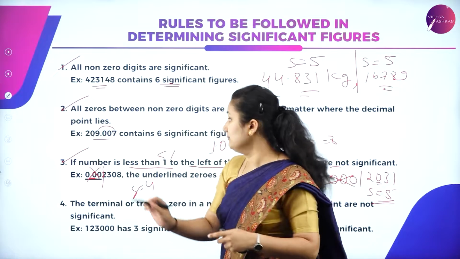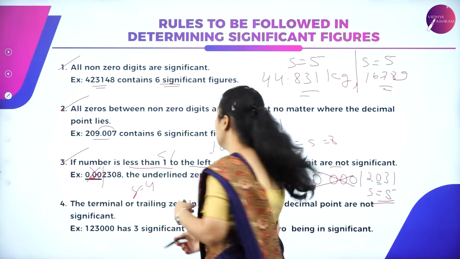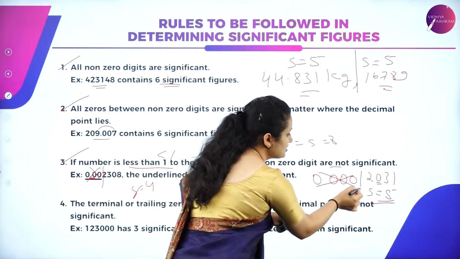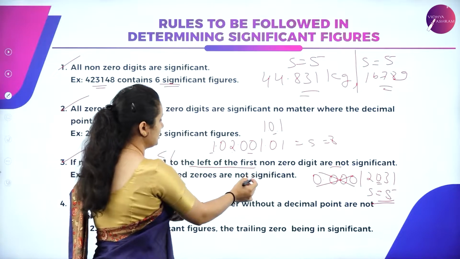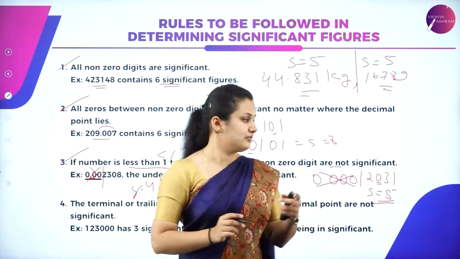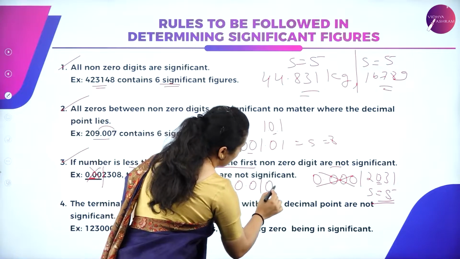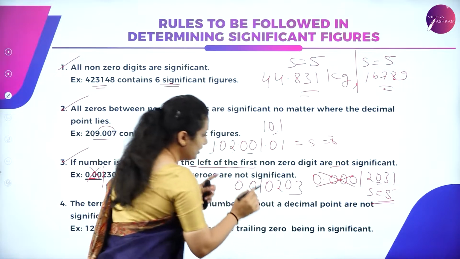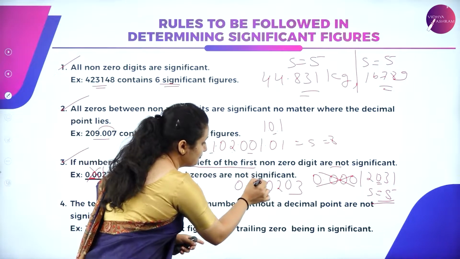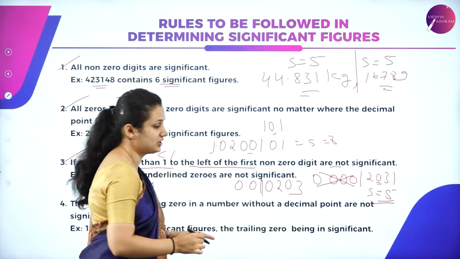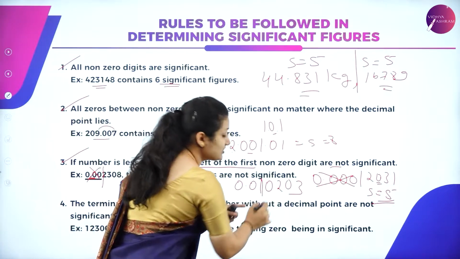So, less than 1. The number is less than 1, so the zeros to the left of the first non-zero digit, which I am getting after the zeros, are not significant. For example, if I consider 0.0100203, you can see zeros to the right of the decimal point before my first non-zero digit are not significant, and these later zeros are significant.